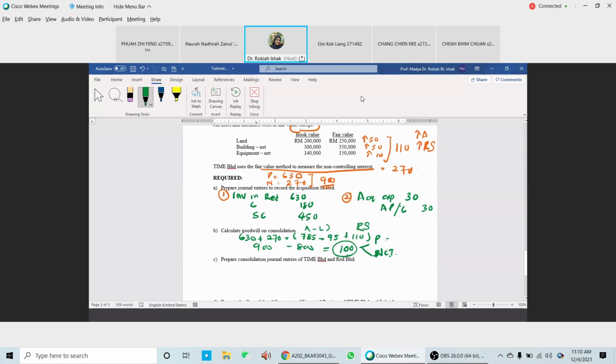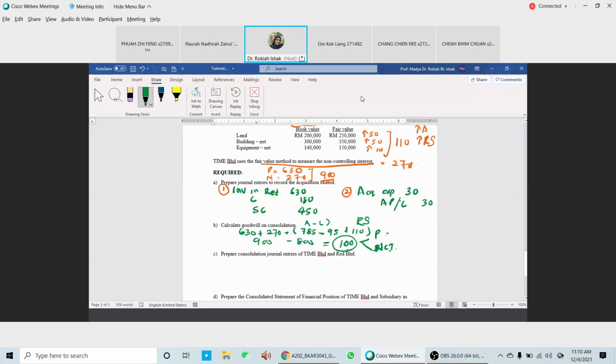Okay, the next person. Earlier there were two people, so the next one, I think there's a guy there. Who's going to prepare the next one? Journal entry, consolidation 1. Hurry up.